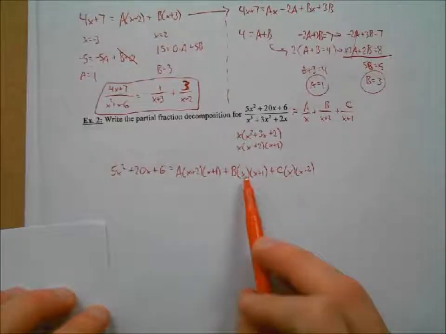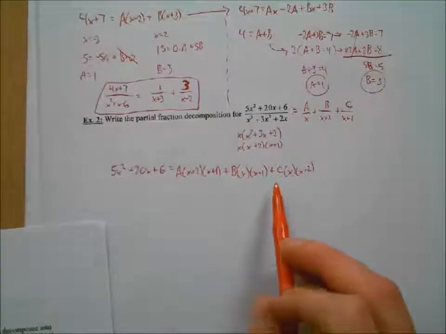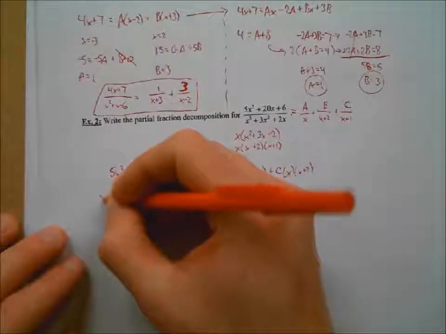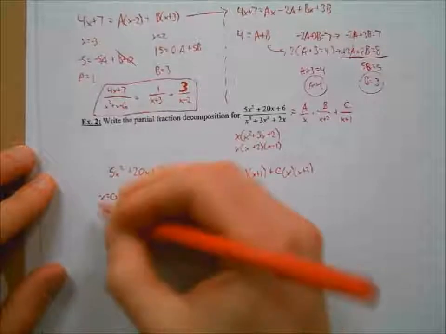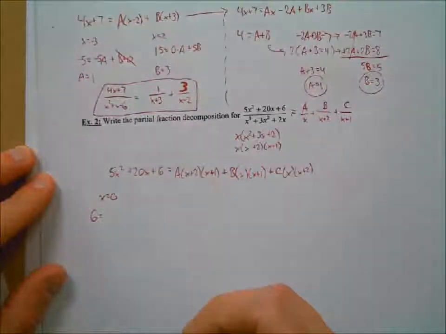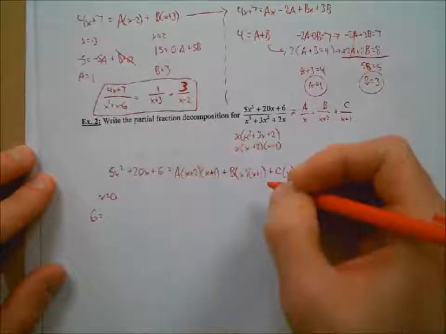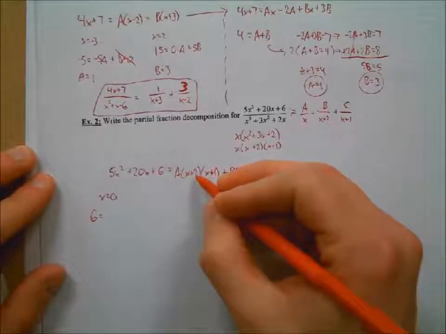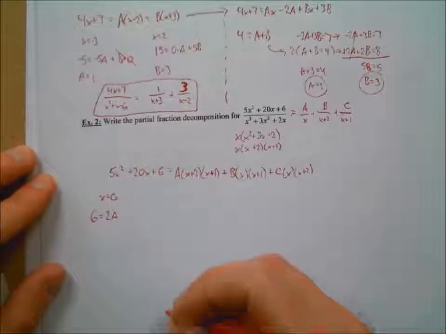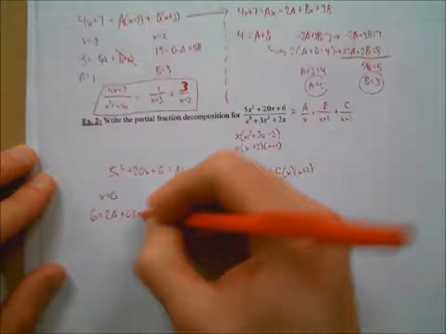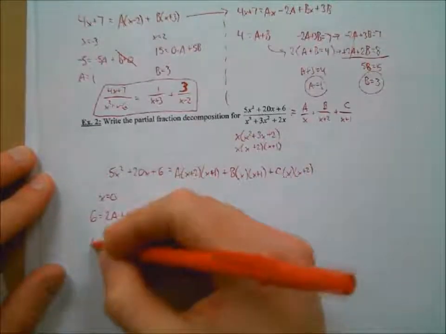So if I put 0 in both of those, they'll cancel. So let's make x be 0. Then we'll have 6 equals, 0 plus 2 is 2, 0 plus 1 is 1, so 2 times 1, so it's going to be 6 equals 2a plus 0b plus 0c. And so then a is just going to be 3.